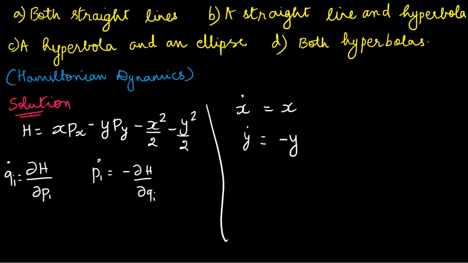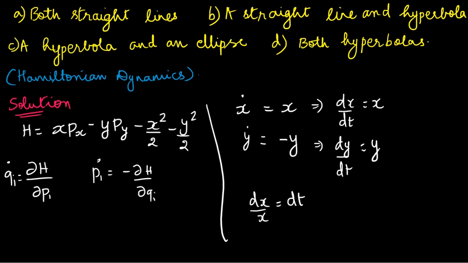So I can write this x dot as dx by dt is equal to x, and this dy by dt equal to minus y. So now when I integrate this, dx by x is equal to dt, and similarly dy by y is equal to minus dt.